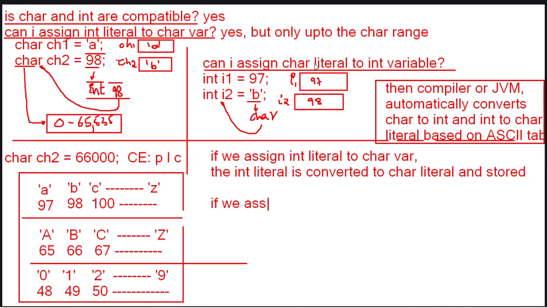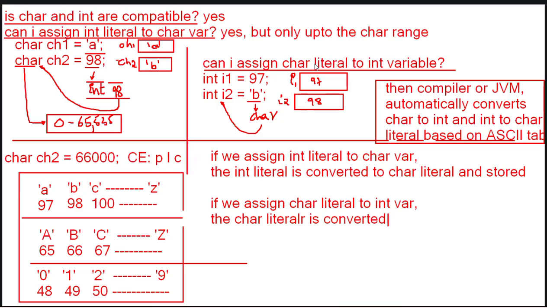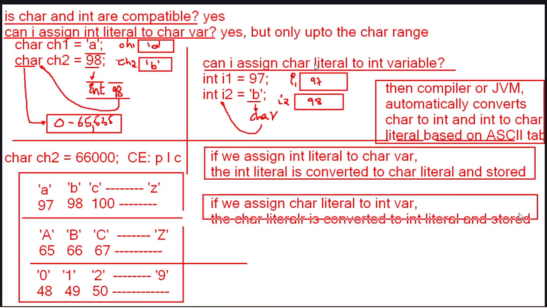If we assign char literal to int variable, the char literal is converted to int literal and stored in the variable. Samajh mein aaya? So this is the very important discussion.